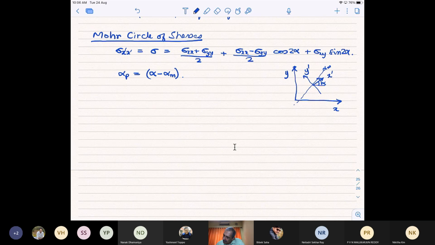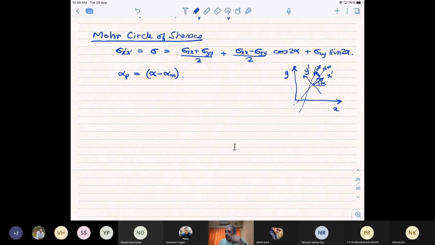And now what we can say is that if we write all our equations in terms of alpha p, so instead of measuring this with respect to x, the angle is measured with respect to alpha m.